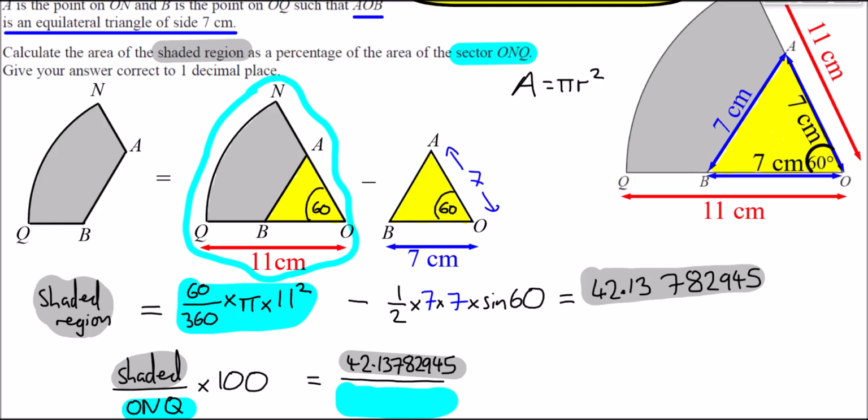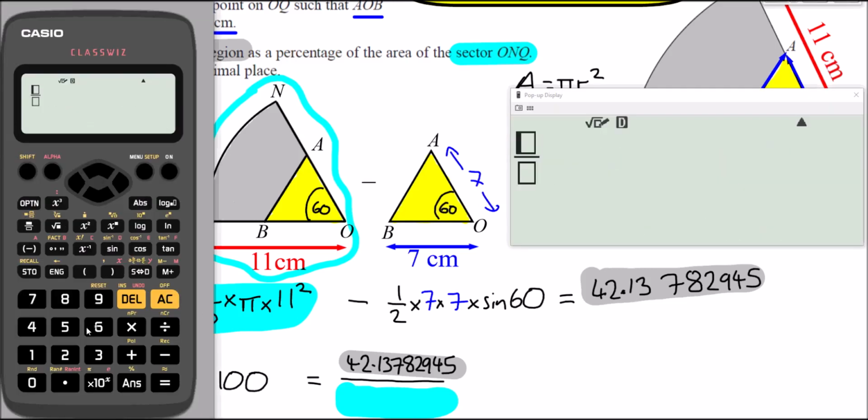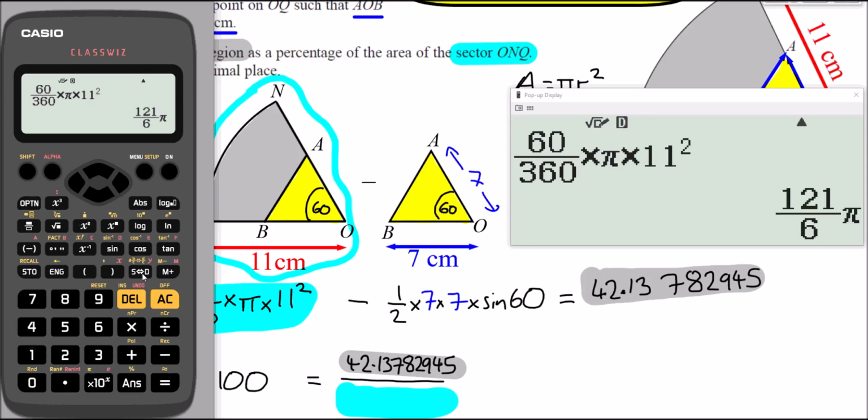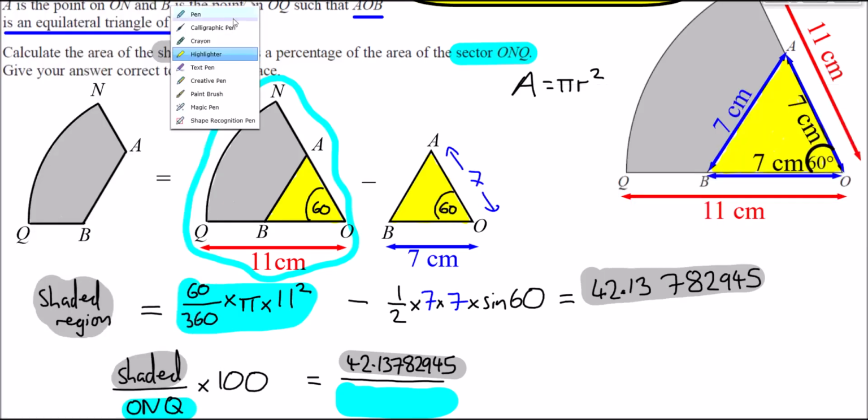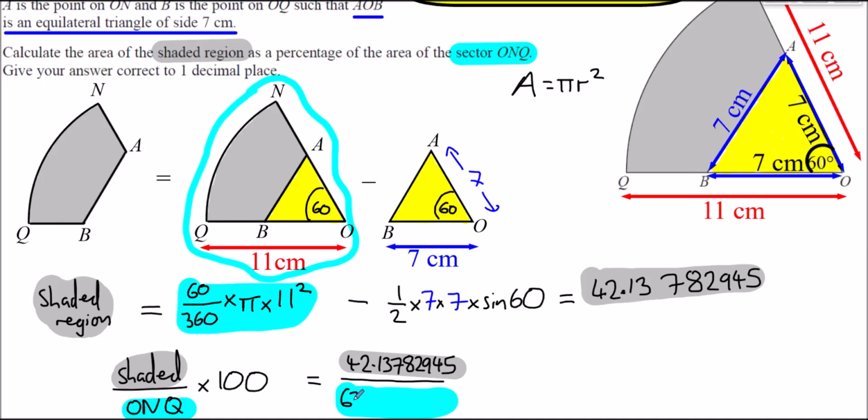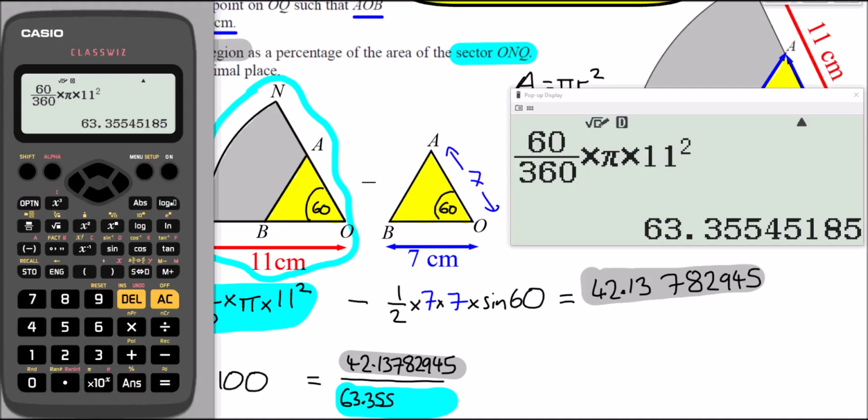So that's going to be 60 over 360 multiplied by shift pi times 11 squared. So we get here about 63.355. And the other digits, because I keep forgetting, which is annoying, 45185.